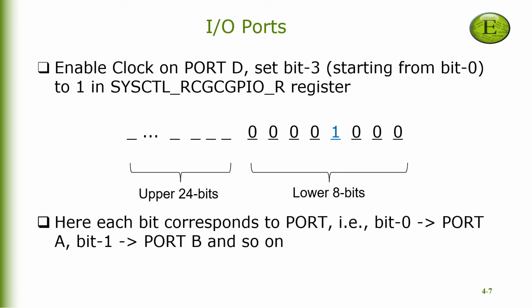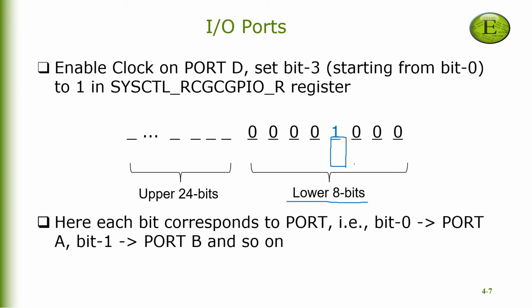For example, in case of the clock register, we use the lower 8 bits to enable the clock on the corresponding port. For instance, if we are interested in enabling the clock on port D, then we are going to set the 4th bit of this register to 1.